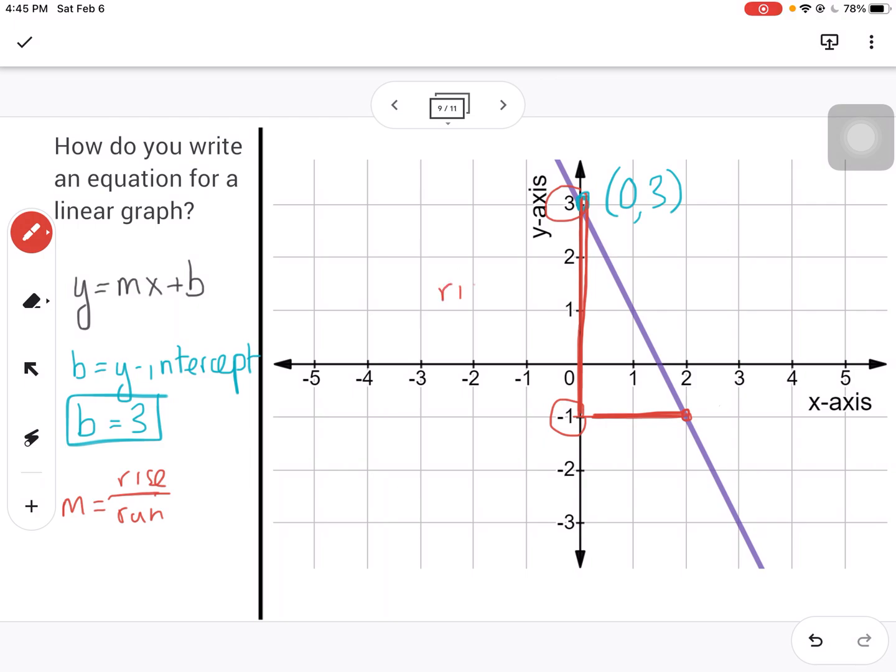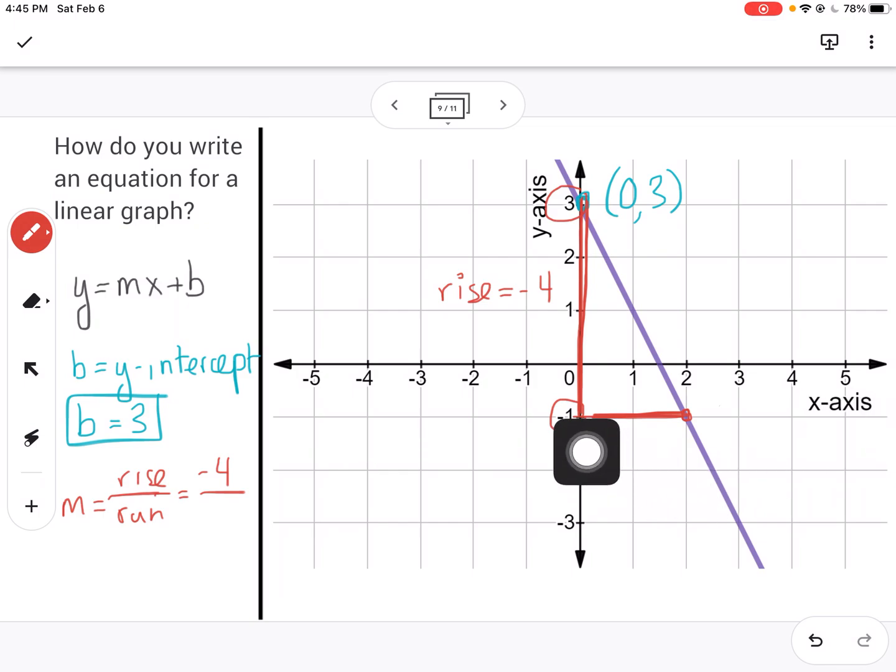So our rise to go from 3 to -1 is -4. 3 minus 4 is -1, or we can count since our scale is going by 1: -1, -2, -3, -4. Our rise is -4.